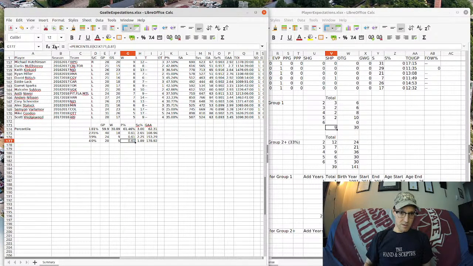Copy, paste. Why did it not? Anyways, and then that's supposed to be 45, 9, and 0. Save percentage is O. Copy, paste.